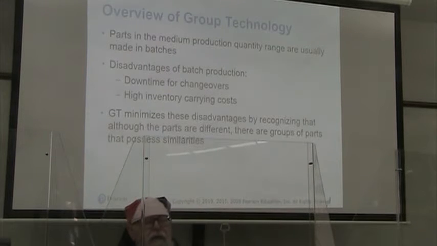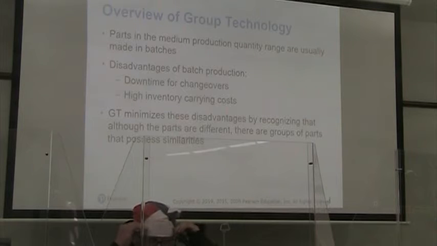All right, so taking group technology from an overview standpoint, often parts in the medium production quantity range are made in batches. Disadvantages of batch production, they're listing as downtime for changeovers and high inventory carrying costs.